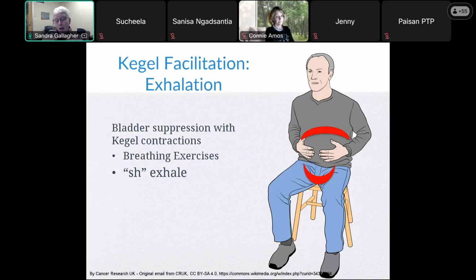Again, I almost always start with people lying on their back, and I will cue with my hands or their hands. So putting their hand on the sternum, so you or they are monitoring what's happening in the rib cage, and then have another hand on the abdomen.